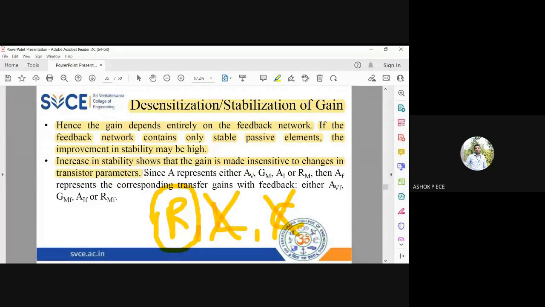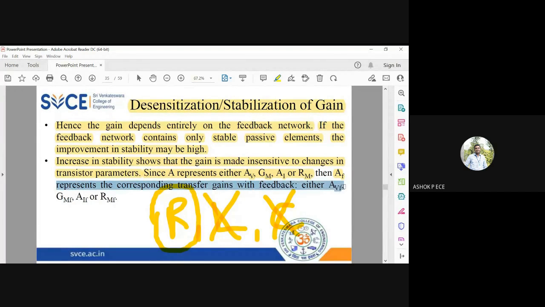And the gain, whatever we are saying, can be one among the four gains. I told you we have four types of amplifiers: voltage amplifier, current amplifier, transconductance amplifier, and transresistance amplifier. So with A, don't think it is always voltage gain. No, A can be AV, voltage gain; GM, transconductance; AI, current gain; RM, transresistance. So A represents one among the four values depending on the type of the amplifier, and AF is with feedback.